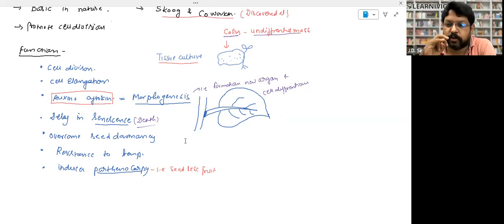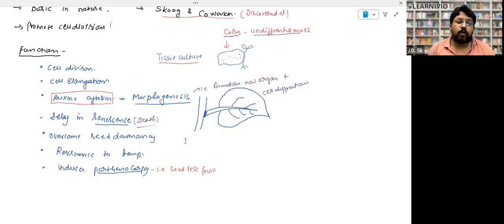For example, at this time the mango is ripening very fast because of the weather change, and you want to sell the mangoes for a longer time. You can spray cytokinin, and the mangoes will stay comparatively longer. That's how it delays senescence, the death of organs.